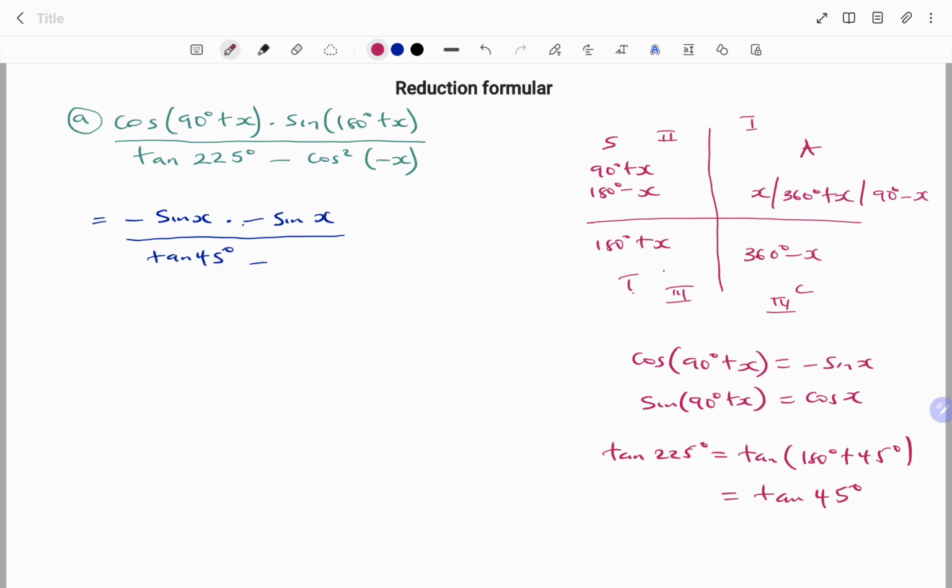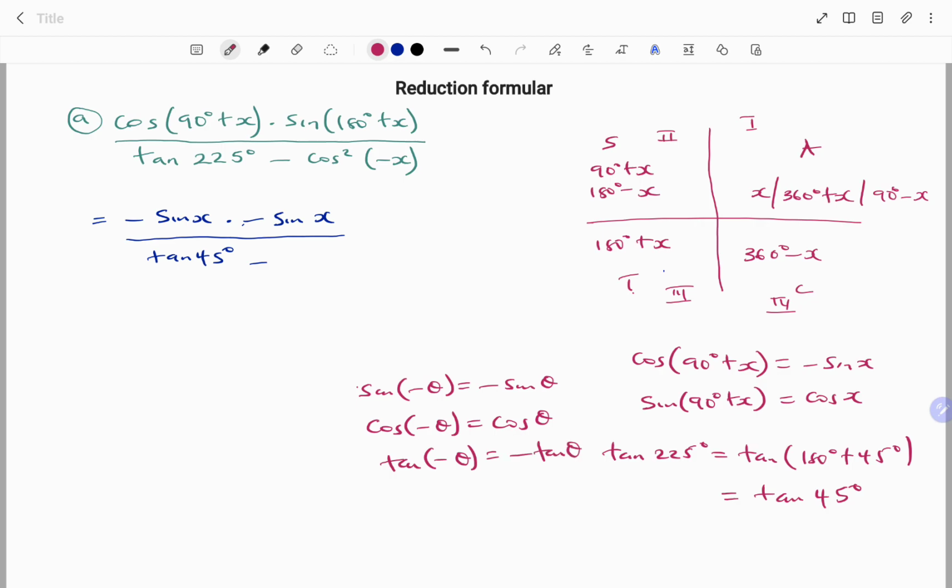For negative angles, we have sin(−θ) equals minus sin θ, cos(−θ) equals cos θ, and tan(−θ) equals minus tan θ.